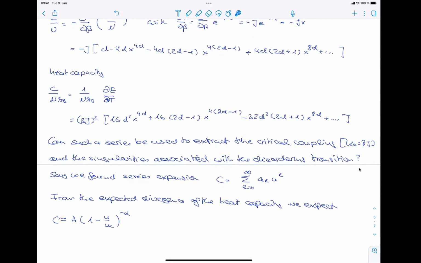And so what I can now do is, okay, I expect this functional form, but I can also expand this functional form in a series, right? Okay, let's do that. So I can write this also as a series where I would have terms of alpha over u_c times u plus alpha times alpha plus 1 over u_c squared times u squared. Wait, that's not the L one, sorry.